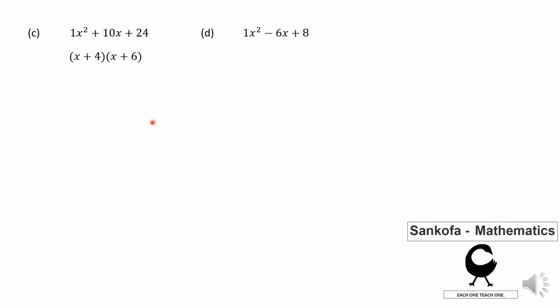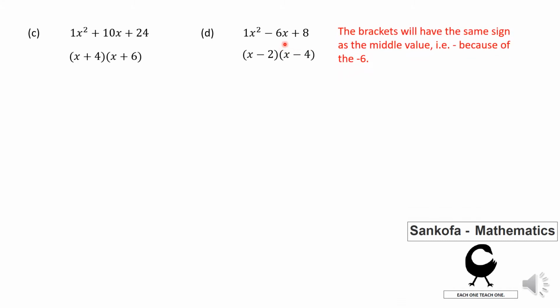All right, so here now I am doing one where the middle term is minus. Okay, remember it's still positive for the constant, but because the middle term is minus, I'm going to look for two numbers that both have minus signs, identical to the middle value. All right, so the numbers are 2 times 4, and negative 2 times negative 4 gives you 8. So if you quickly check, negative 2 times negative 4 gives you positive 8.